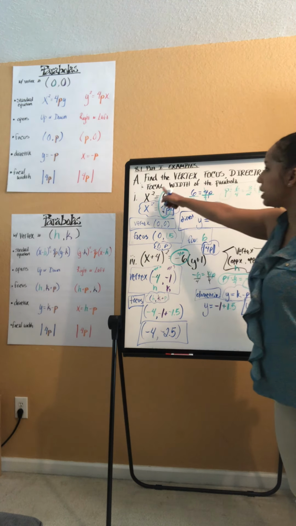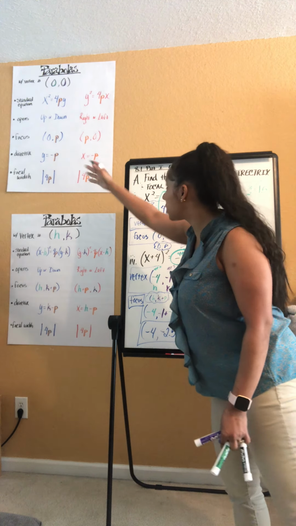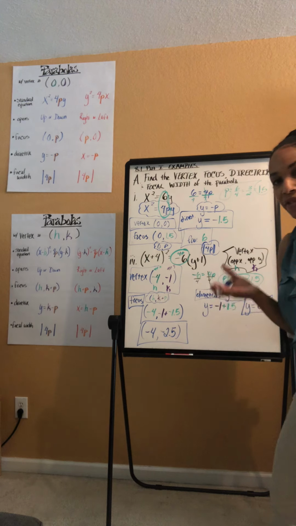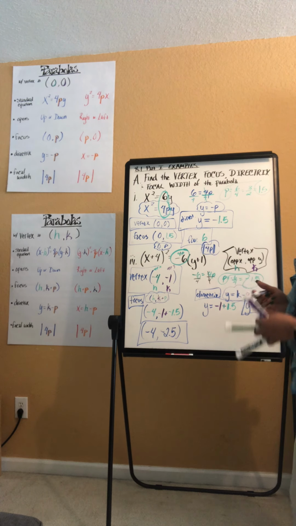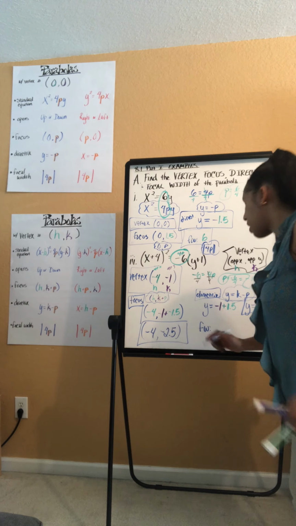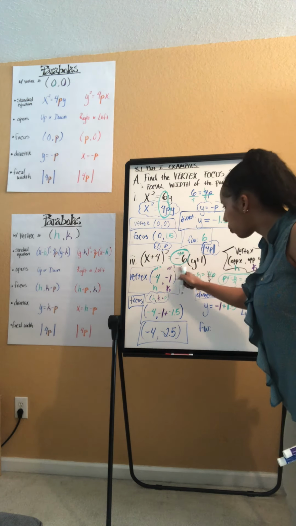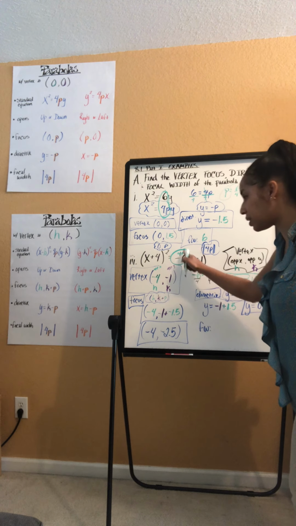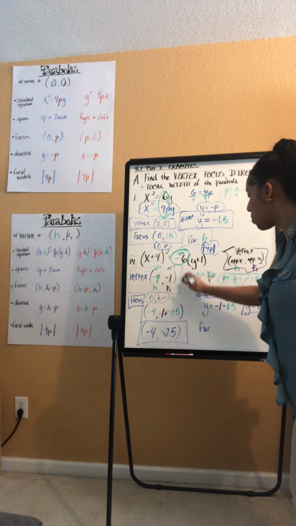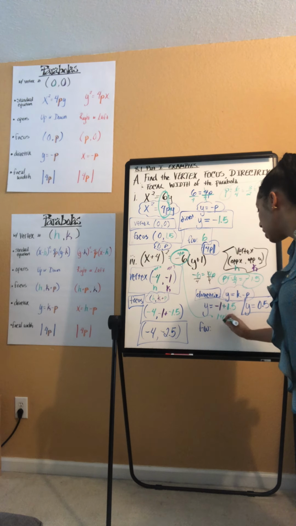The last thing I need is the focal width. The focal width, I said, is always, no matter what side, no matter what kind, going to be 4p, the absolute value of 4p. So focal width, I'll just call that FW. And 4p, originally the 4p was -6, but the focal width is always the absolute value of 4p.